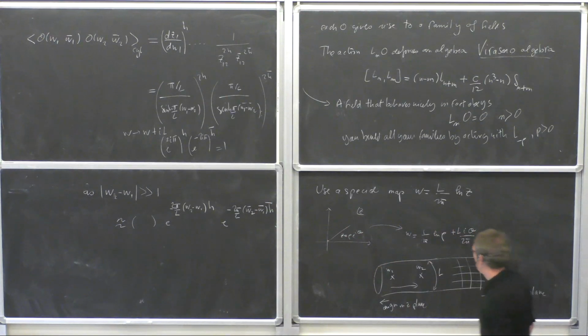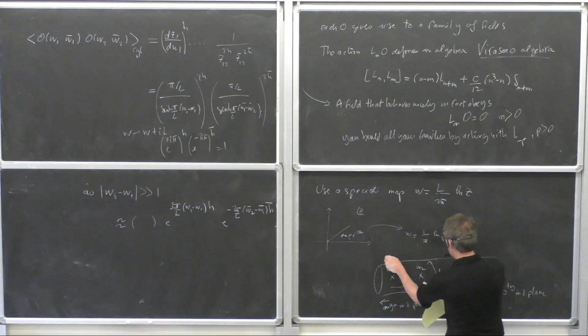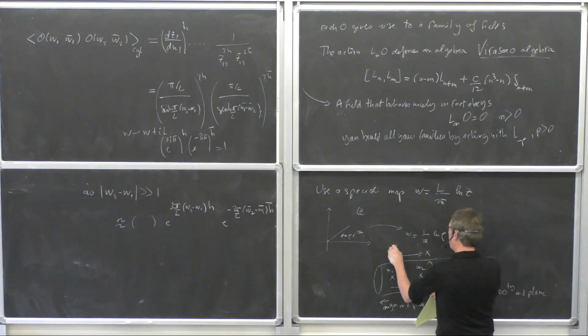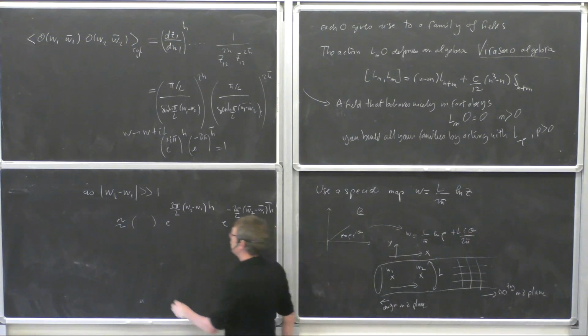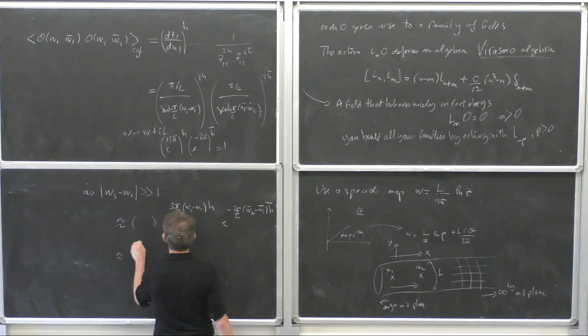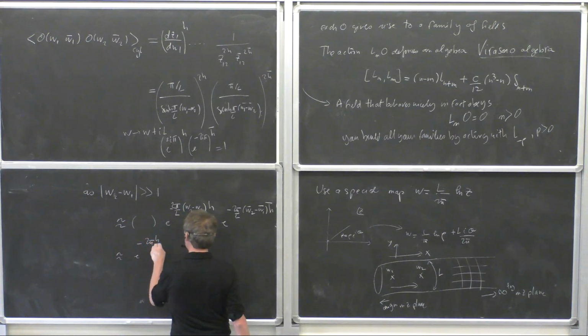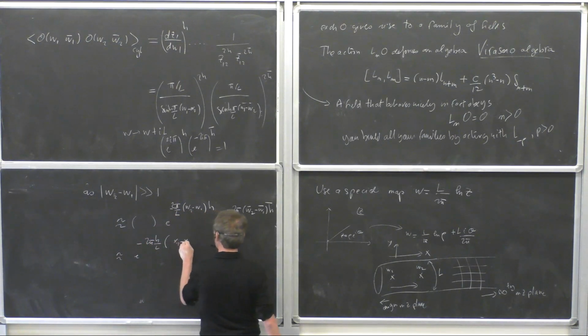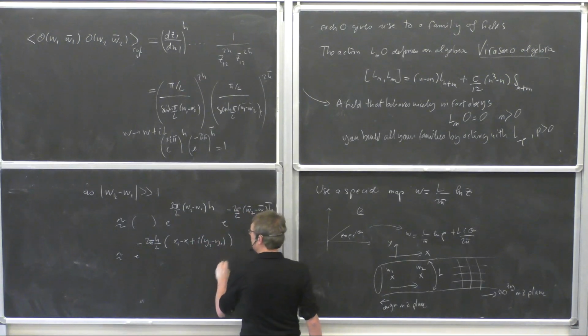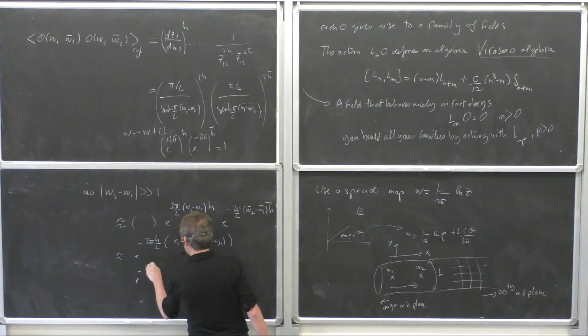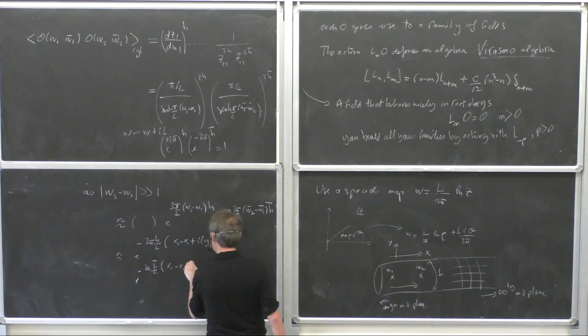I assume my x-axis is like this on the cylinder and my y-axis is like this. So this is e to the minus 2 pi h over L times (x2 minus x1 plus i (y2 minus y1)), e to the minus 2 pi h bar over L times (x2 minus x1 minus i (y2 minus y1)). Okay?